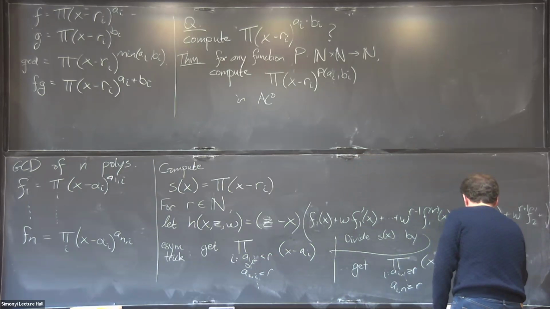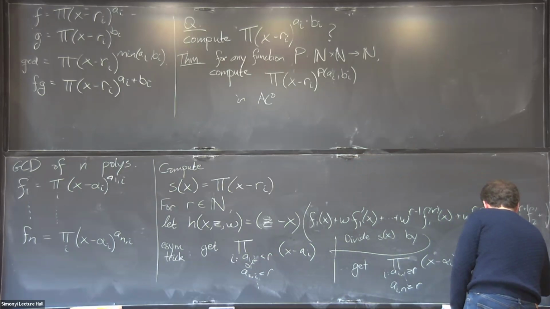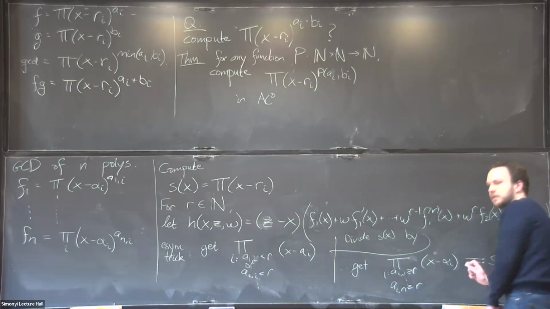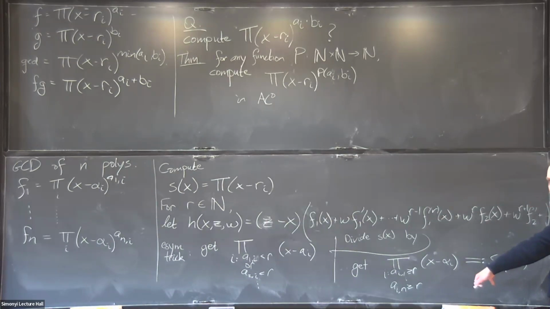Let me call this s subscript greater than or equal to r. These are the roots that appear with multiplicity at least r in each of f1, f2, f3, and so on.